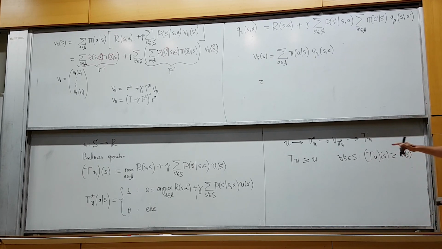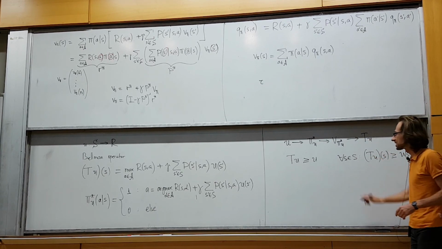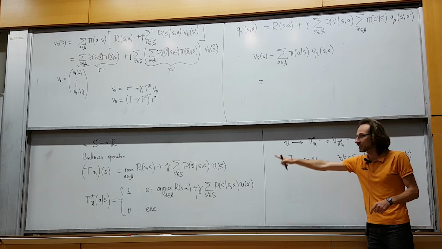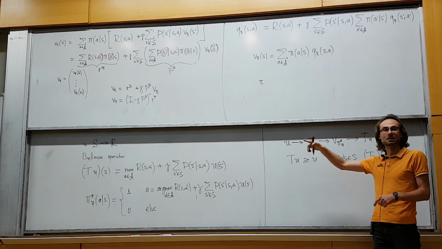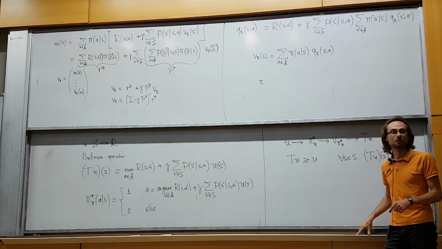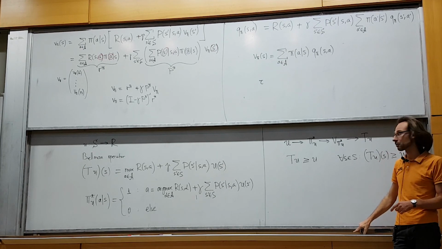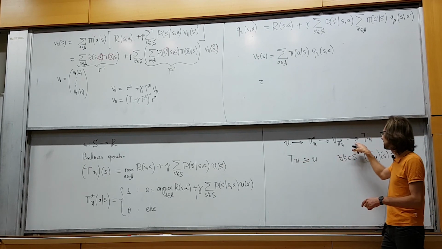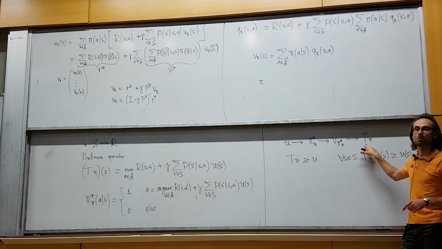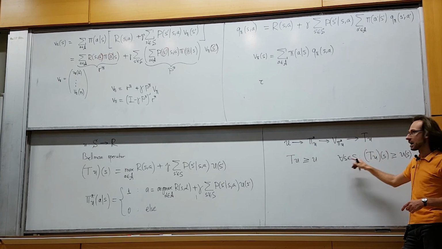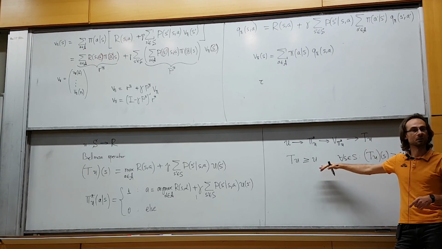Okay? So basically, by applying T to u, which is essentially constructing this deterministic policy and the resulting value function that is derived from it, I'm improving my policy.